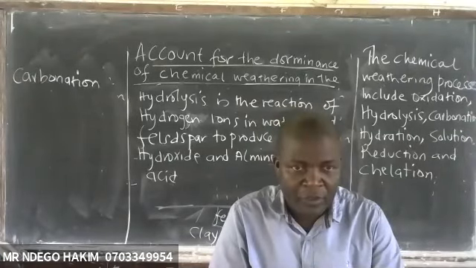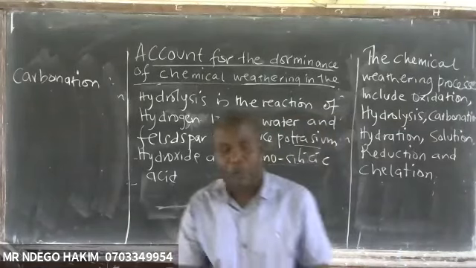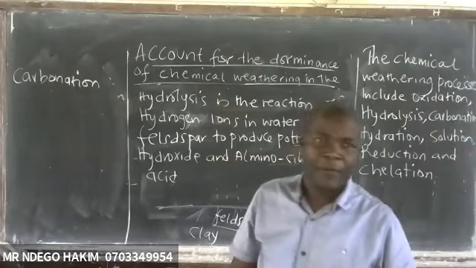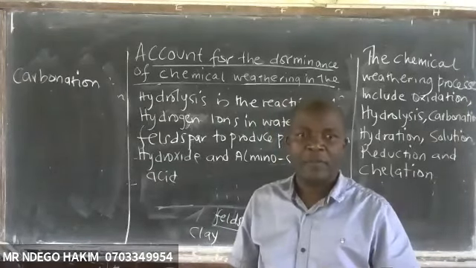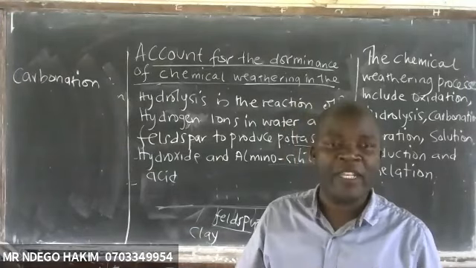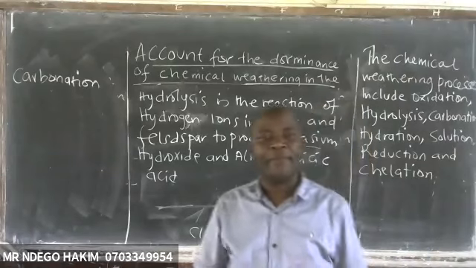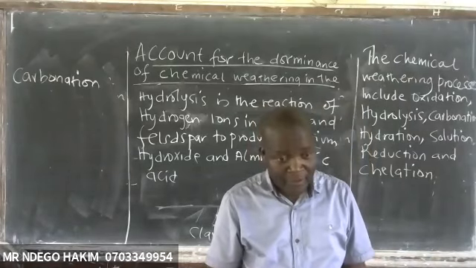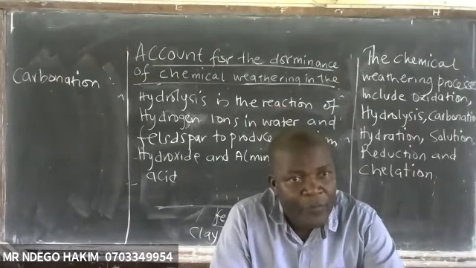Rocks have minerals, so that is a mineral component of the rock. Okay, thank you. Other rocks have aluminium and iron. So that is the rock which is attacked by the hydrogen ions in water to break down and form clay. Is that clear? Yes, teacher.